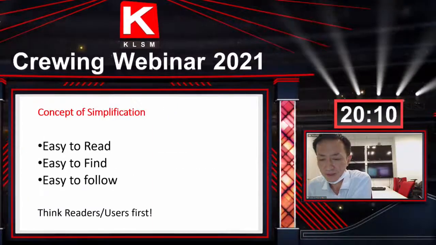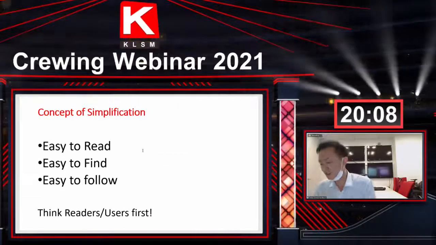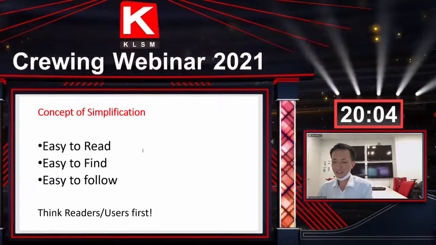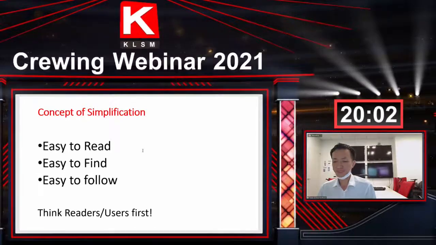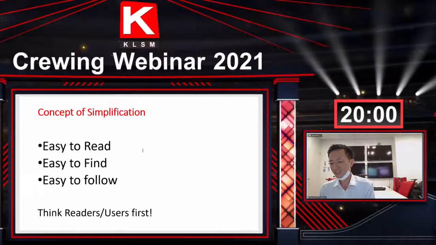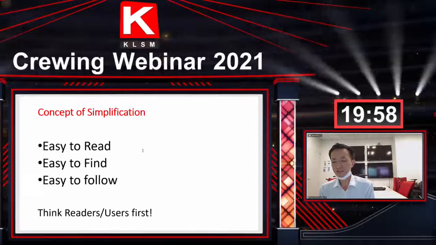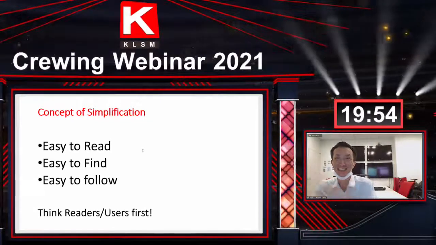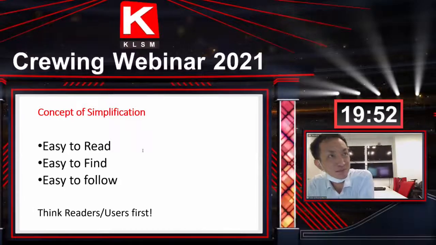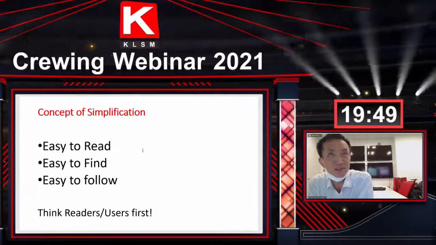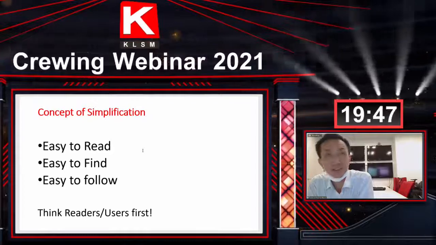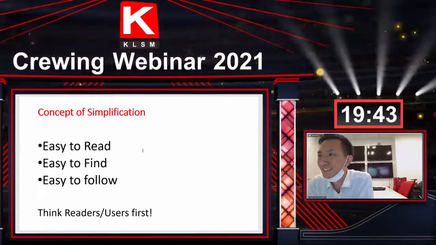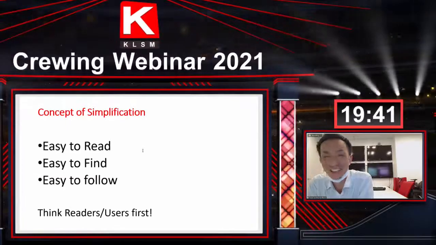This is the concept of this project: easy to read, easy to find, easy to follow. Think of readers, users first. This is the principle of this simplification project. But honestly speaking, it is easy to say, difficult to do. That's why it is taking much time.